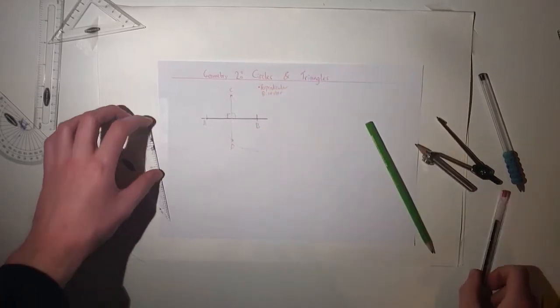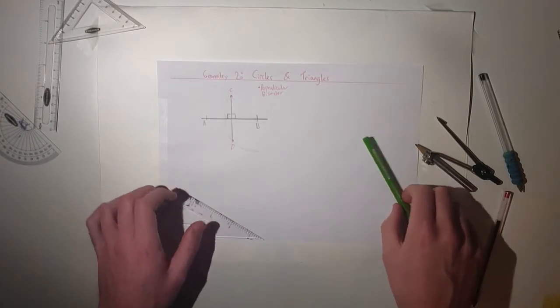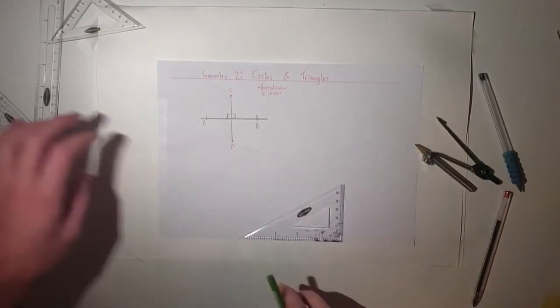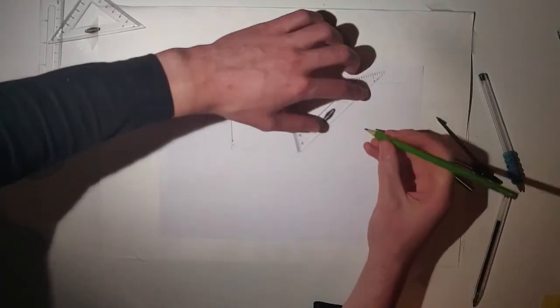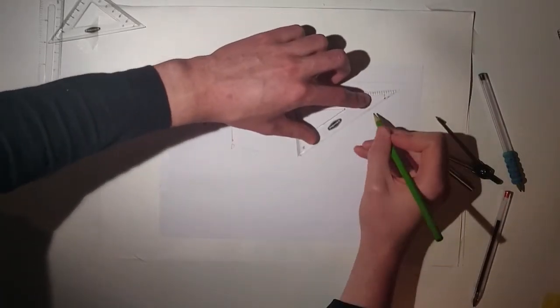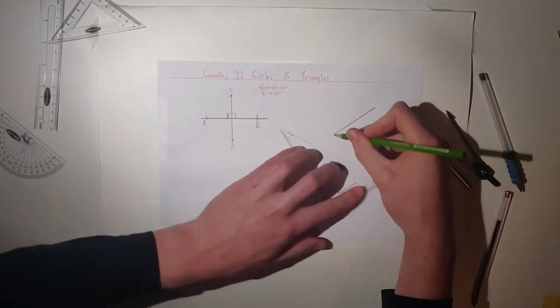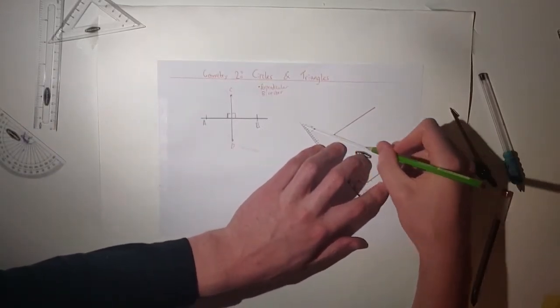Now the other thing we need to know is the bisector of an angle. So let's just say we have any angle here, there, there, it really doesn't matter.